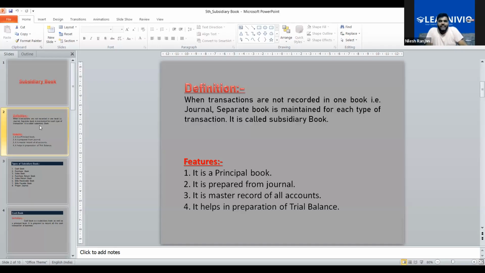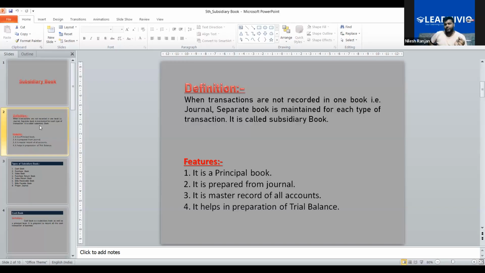If they categorize the journal into different books, it will be very easy for them to maintain the books and find the problem. So that's why when transactions are not recorded in one book, that is journal, a separate book is maintained for each type of transaction, and it is called subsidiary book.